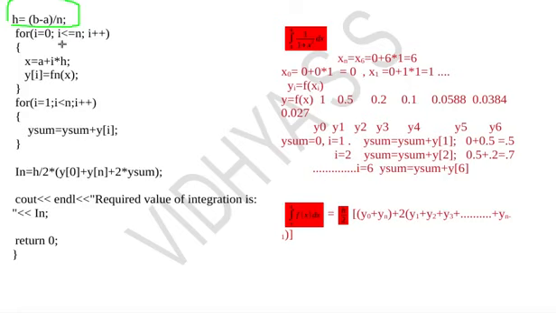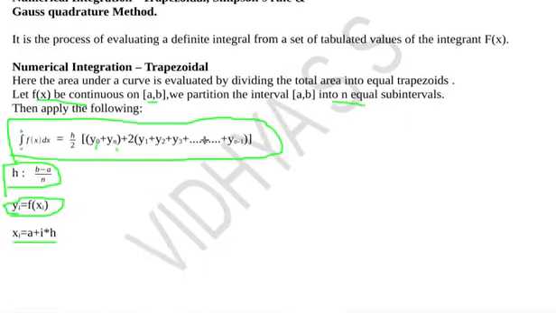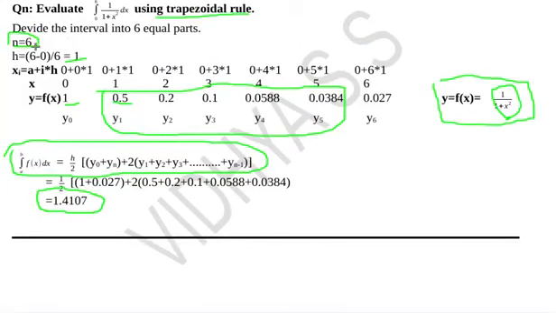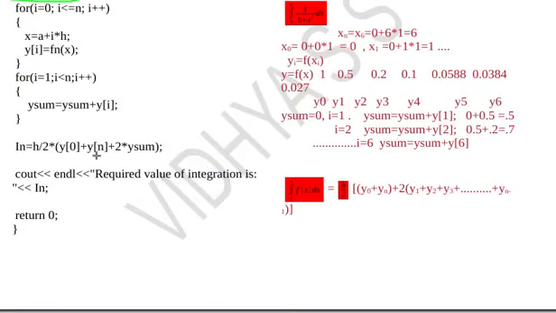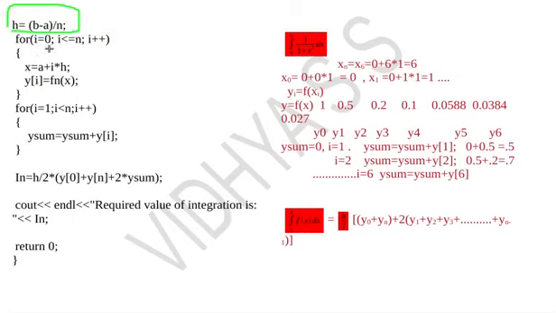In our example the n is 6, that is we are dividing the interval into 6 equal parts. So i is 0 to i less than or equal to n, till 6 the loop will iterate. So y0 to y6 will be calculated from this loop.